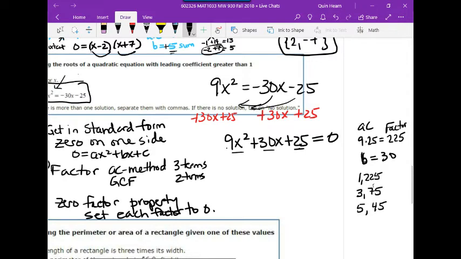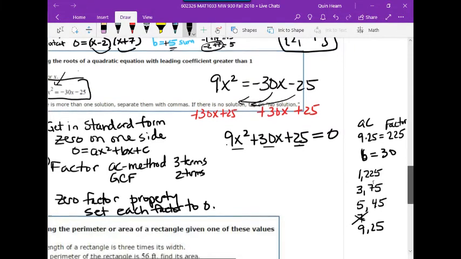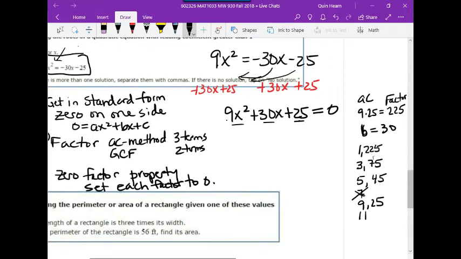We're getting closer. Okay, does 7 go into 225? No. Does 9 go into 225? Yeah, we know that one because that was how we got 225 in the first place. 9 times 25 is 225, but that adds up to 34. But we're getting really close now. Okay, does 11 go into 225? No. Does 13 go into 225?